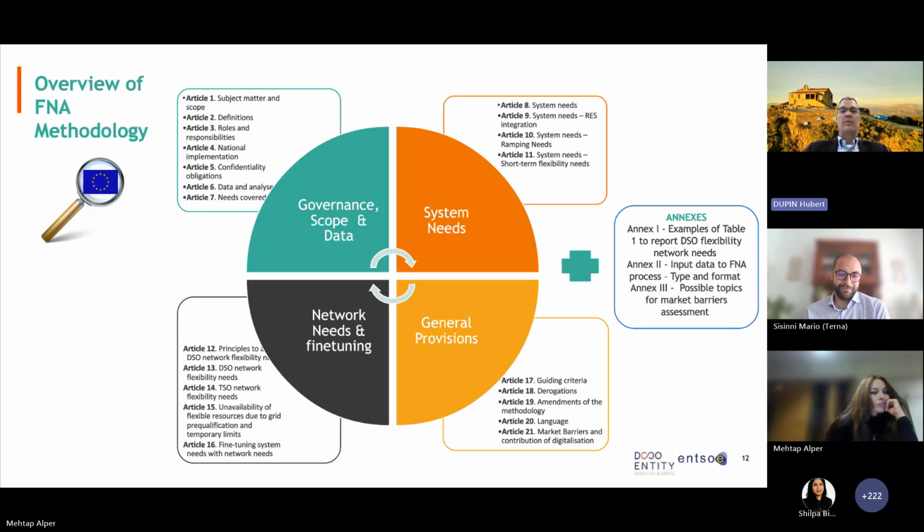And then finally, there are some general provisions such as derogation, amendments, and the last part, which is some recommendations on how to assess market barriers and contribution of digitization, because the national report shall not only have some quantitative data on system needs and network needs, but also shall provide some information on market barriers and contribution of digitization. Okay, 4 parts in this methodology.